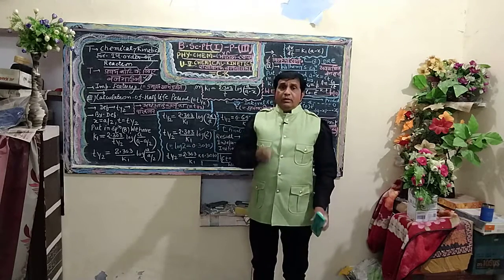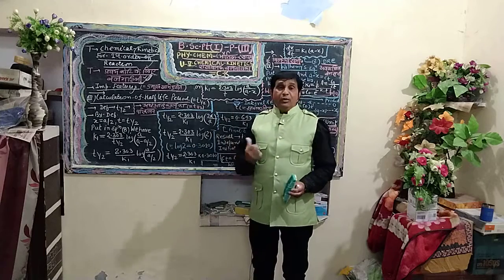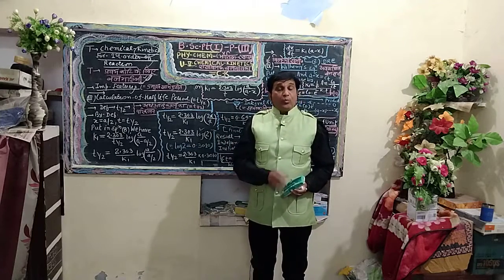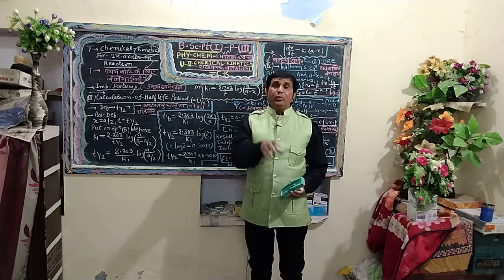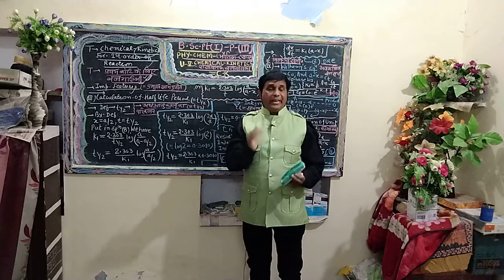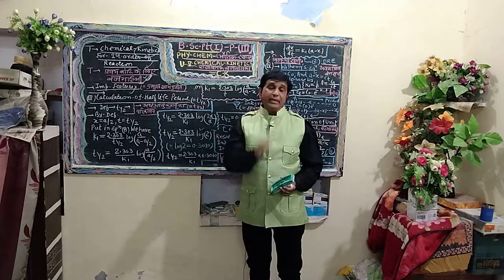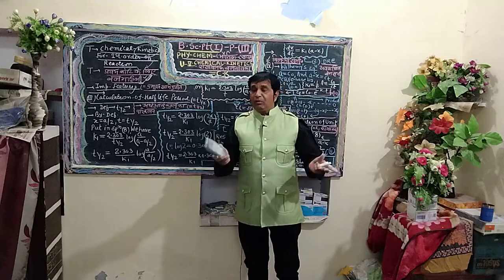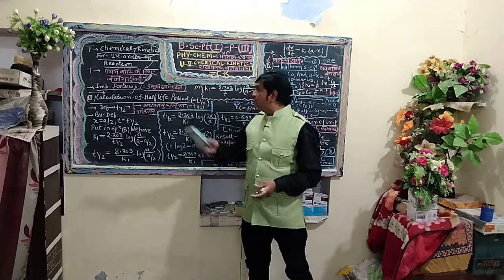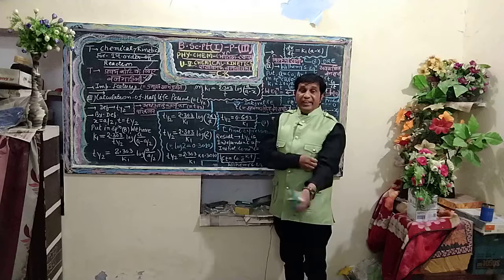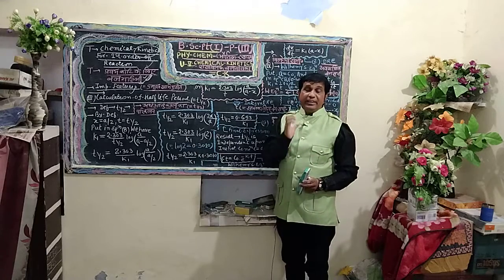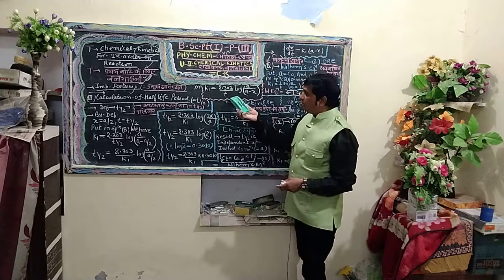In our previous video, when we substituted equation number 4 and equation number 5, we produced the integral rate equation in terms of log to base e. When we multiply by 2.303, we get the final integral rate equation for first order reaction.